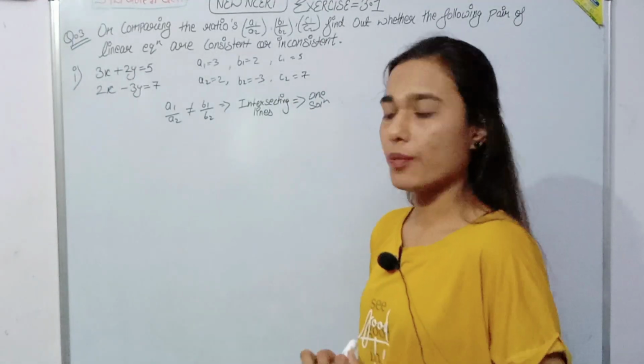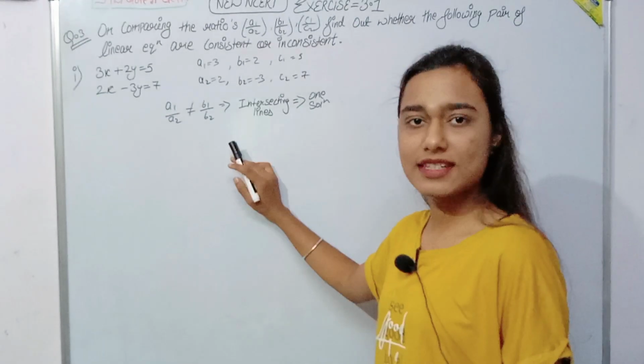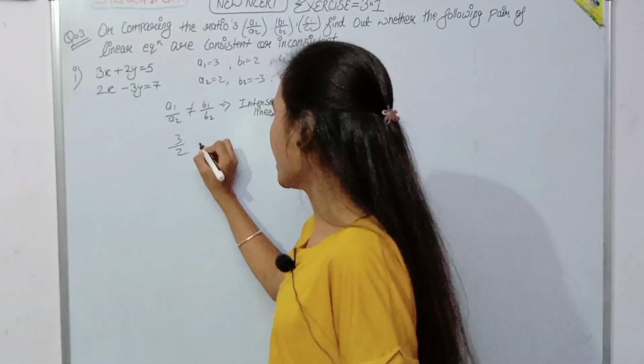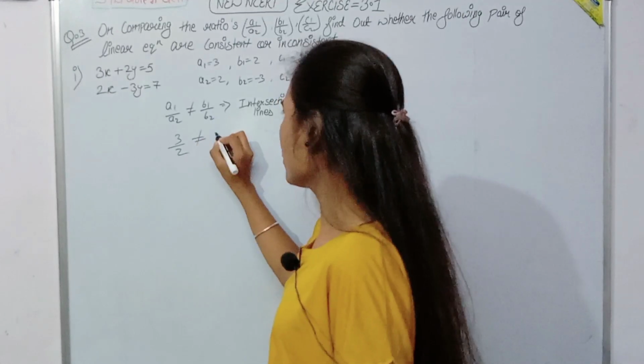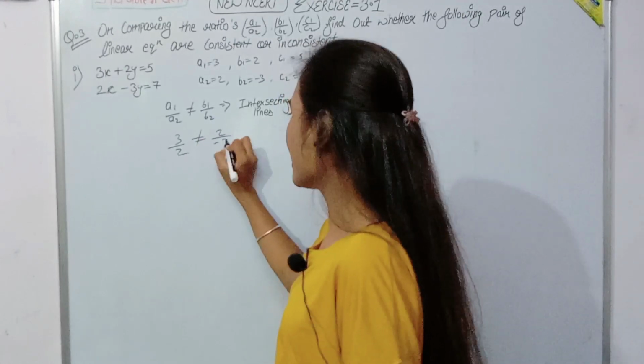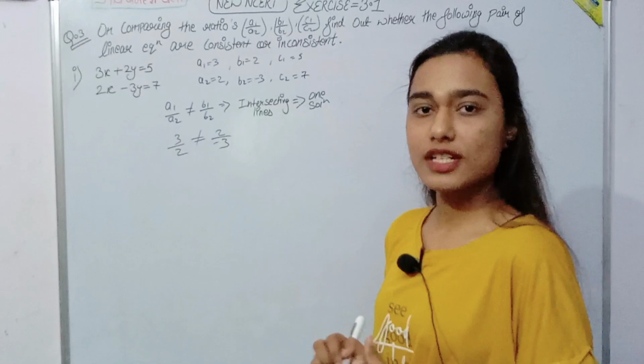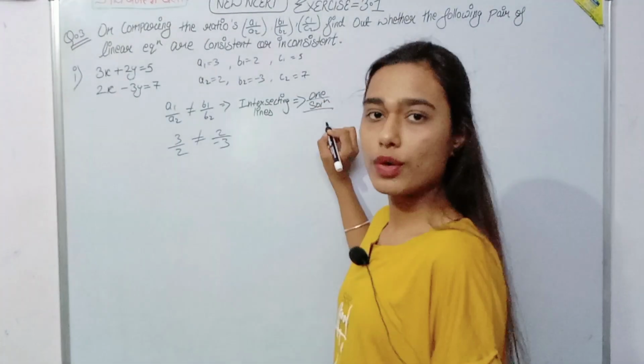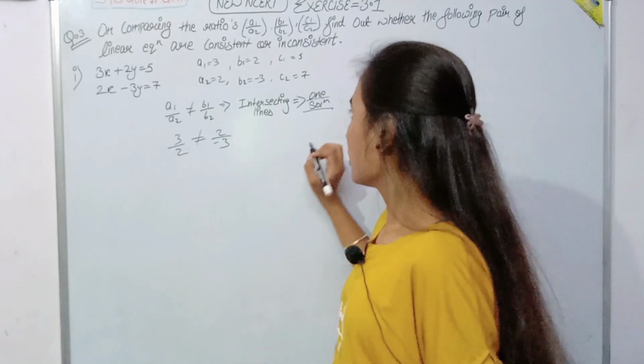Okay. So, this condition is fulfilled in this equation. Here a1 upon a2 is not equal to 2 upon minus 3, so the condition is fulfilled. Then we say that it has one solution. So it's a consistent equation.